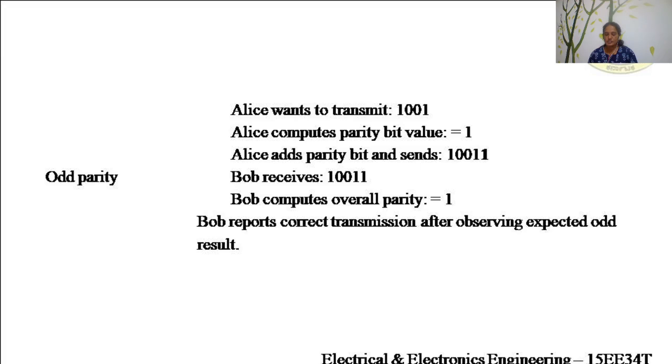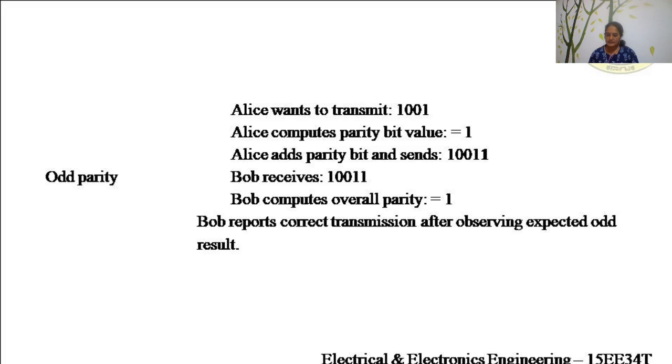Next, we shall check for odd parity. Let the data be 1001. The parity bit will be 1 since the number of ones in the data is even. So, the data to be transmitted becomes 10011.